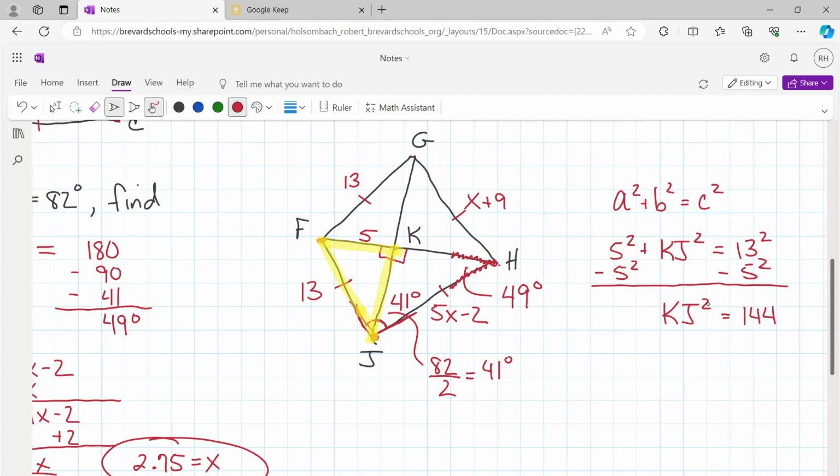And now we need to eliminate this exponent, so we're going to find the square root of each side here. So the square root of KJ squared is just KJ, and it's equal to the square root of 144, which is 12. All right, so we used our Pythagorean theorem to find a side length of one of these right triangles inside the rhombus.